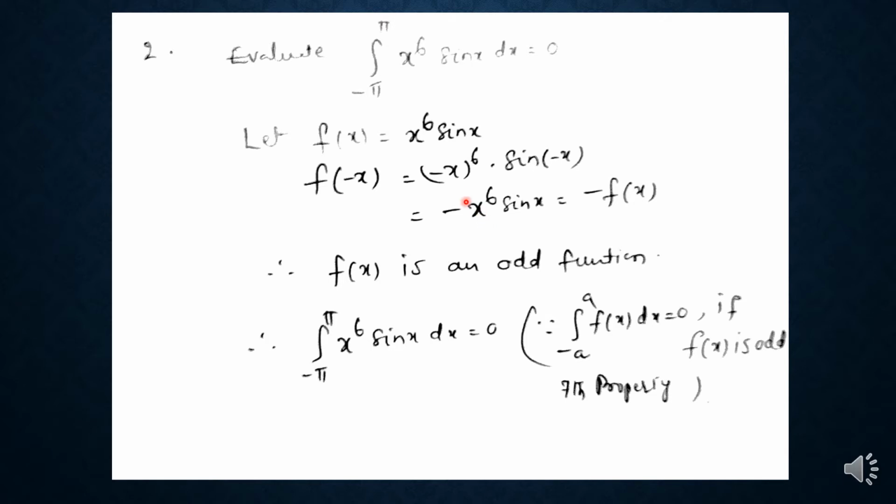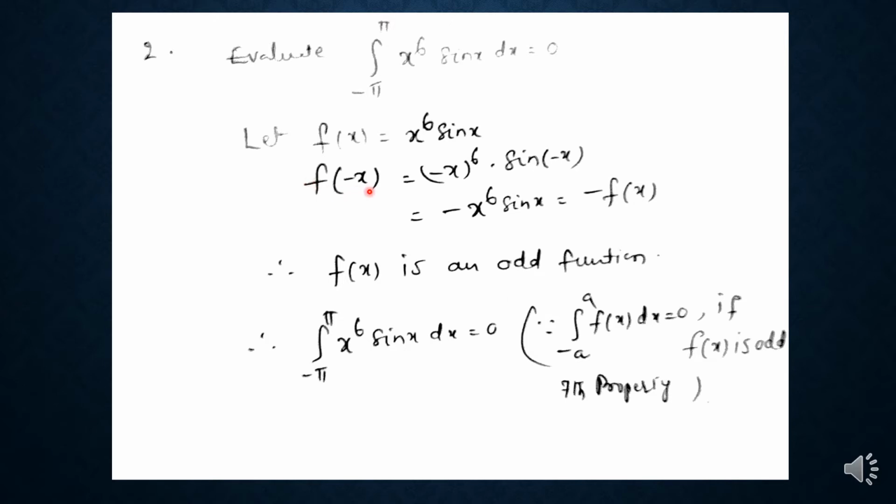Minus x whole to the power of 6 means this is the even power, so we will get x to the power of 6 into sine of minus x. Sine of minus theta is minus sin theta, that is equal to minus x to the power of 6 into sin x. Here x to the power of 6 sin x is f of x, so minus into f of x, that is f of minus x is equal to minus f of x. Therefore f of x is an odd function.